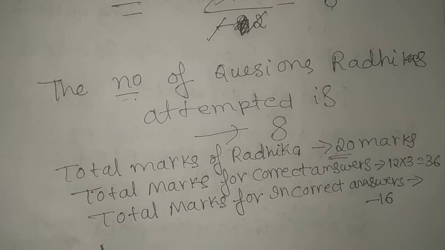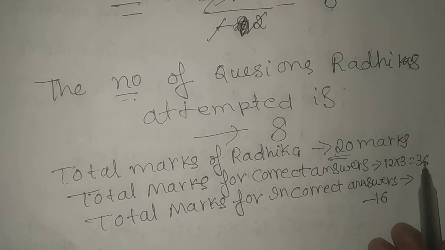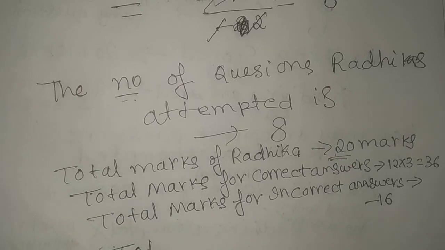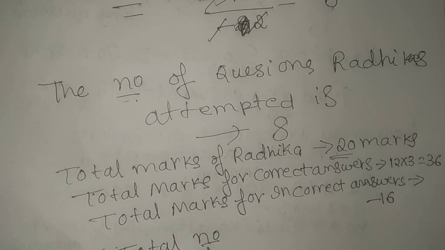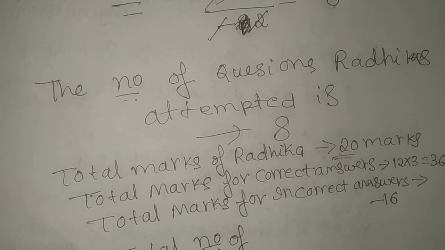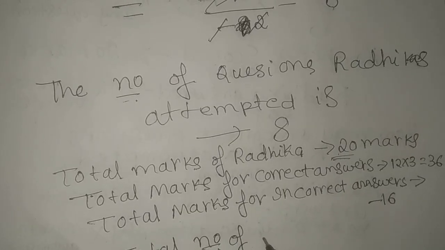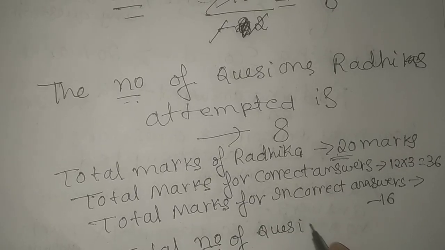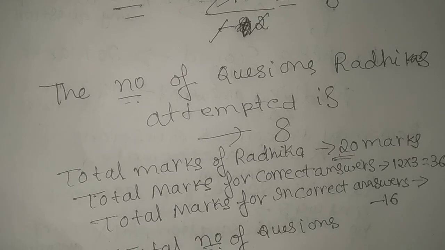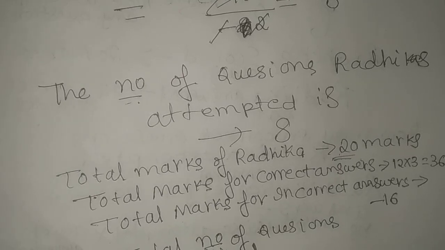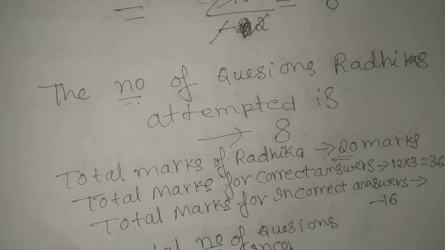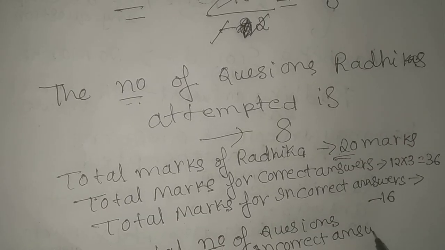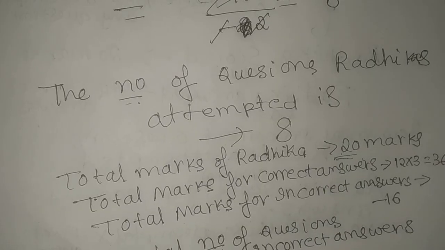Therefore the number of questions with incorrect answers is 8.